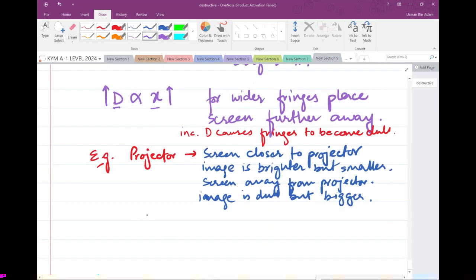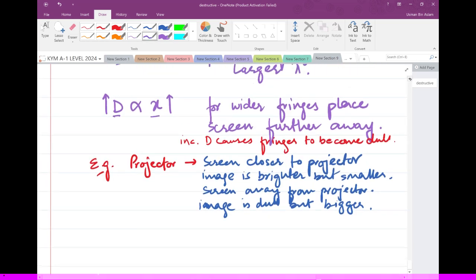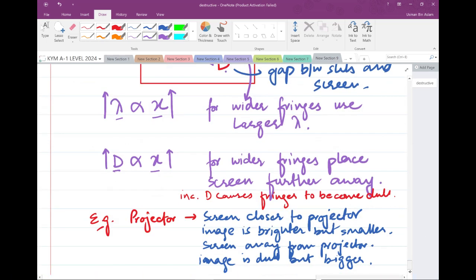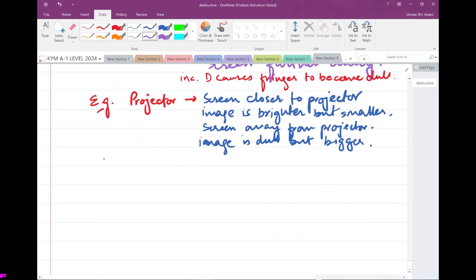The third relationship that we can form from this equation is going to be between A and X. If I want a relationship between A and X, A goes on to the other side of the equation and gets divided. That way, A and X are going to be inversely proportional with each other.